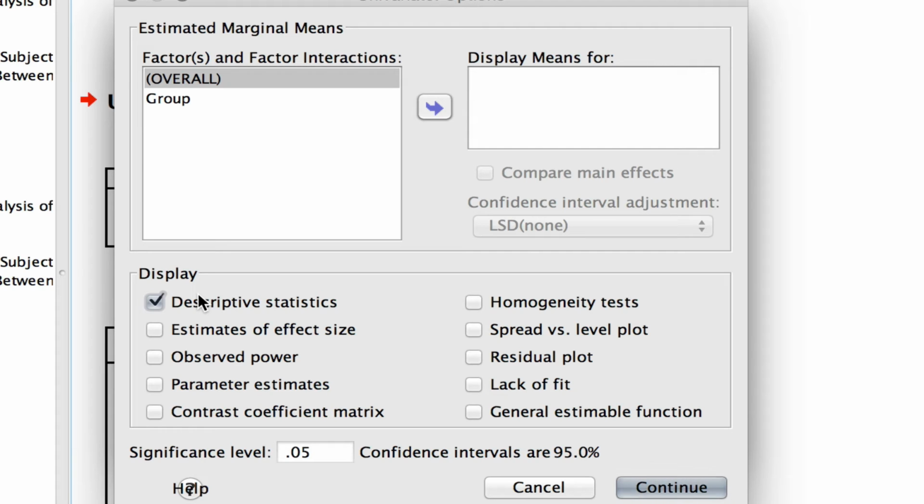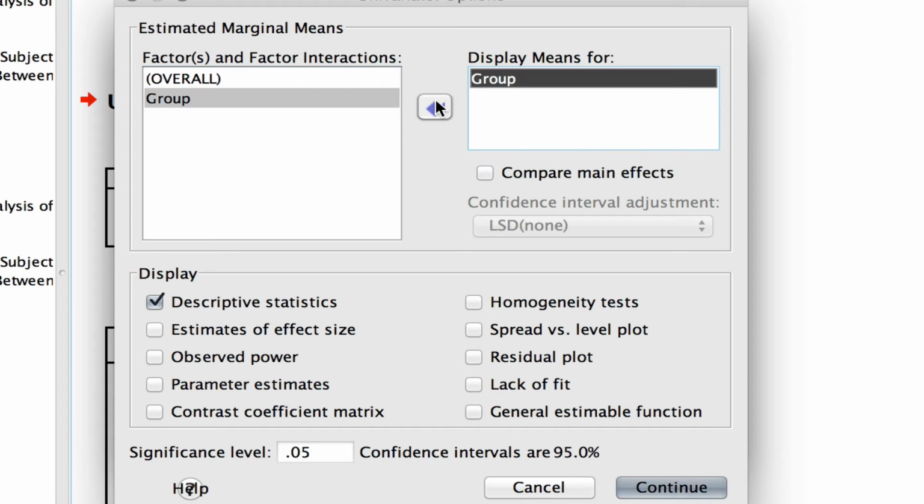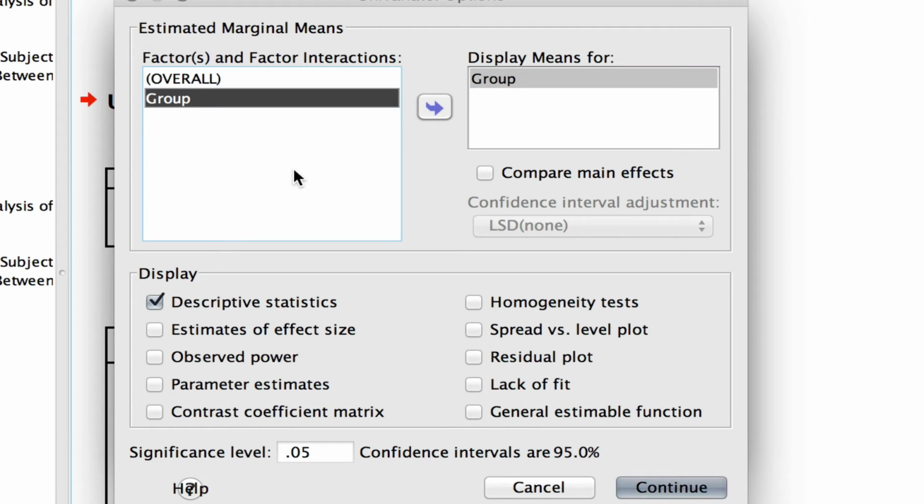So we want those, and we're going to drag them over here. Now, because I want to illustrate the difference, we're going to leave descriptive statistics on, but the estimated marginal means are the ones we want to compare.